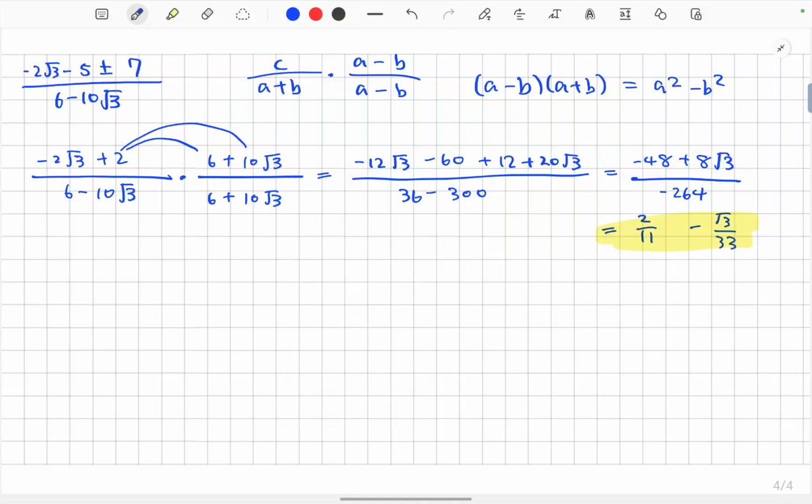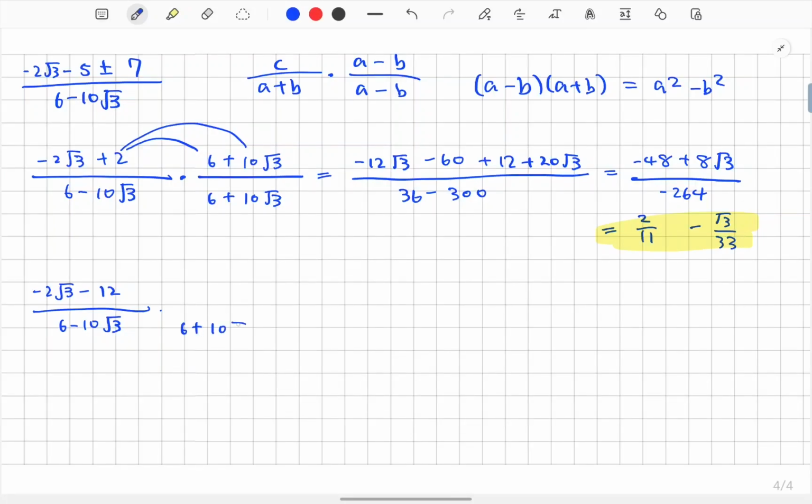Now we'll work on the second solution, which is the minus version of it. There'll be minus 7 here. The minus 5 minus 7 can be simplified to minus 12. And the same, we'll perform the rationalization process.